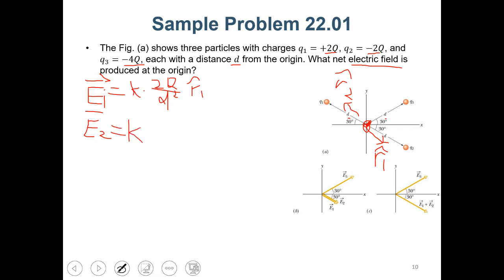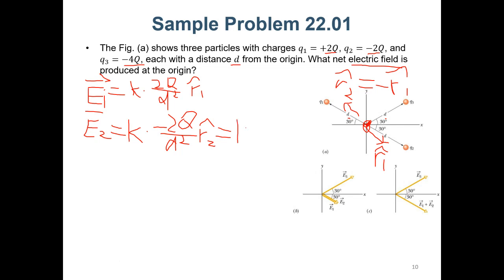So K times minus 2Q over D squared, R2 hat. And actually R2 is negative R1, because they are in the opposite direction, they are also unit vectors. So you can see that it is like this.